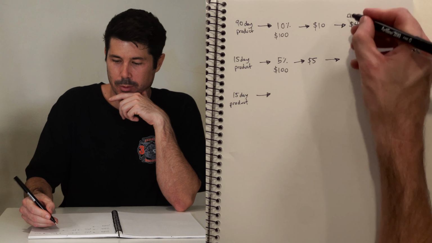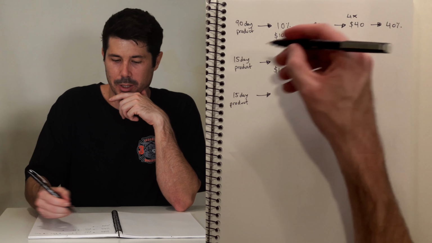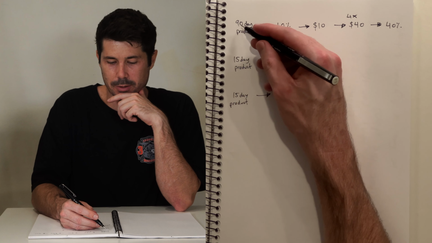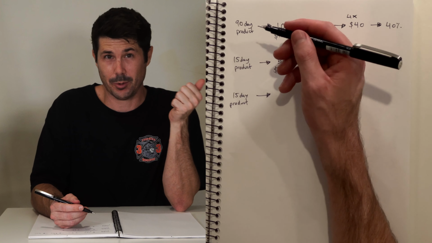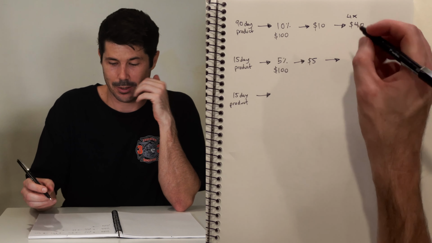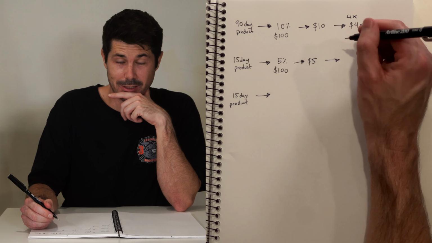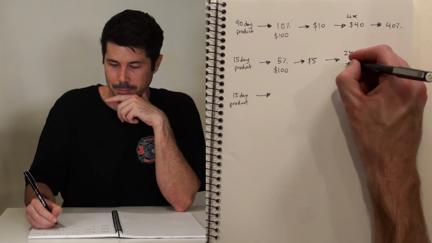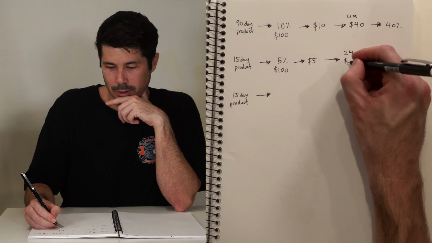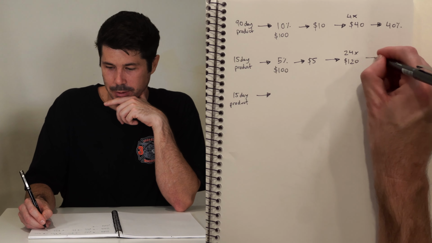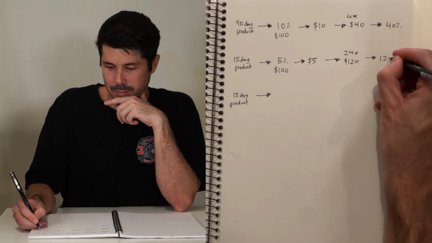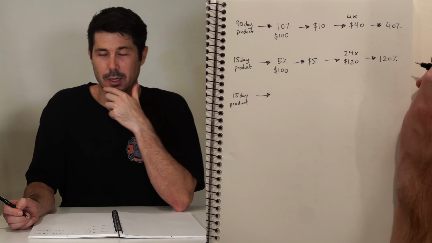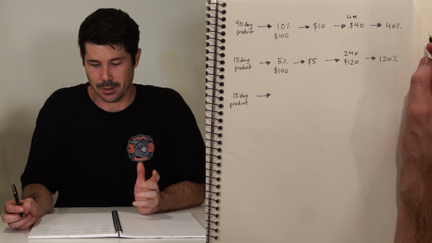However, we were able to do this 4 times a year up here, and 15 goes into 90 6 times, if I'm right. 15, 30, 90. So 4 times 6 is 24. So we can then do this 24 times in order to make $120. So then the return on investment of this one over the course of the year ends up being 120%.